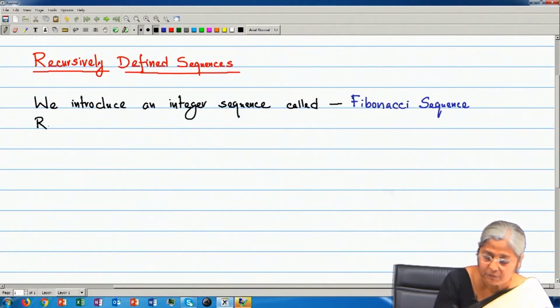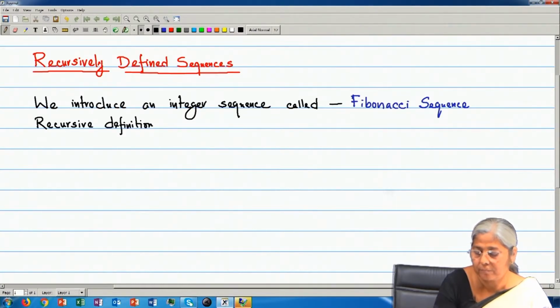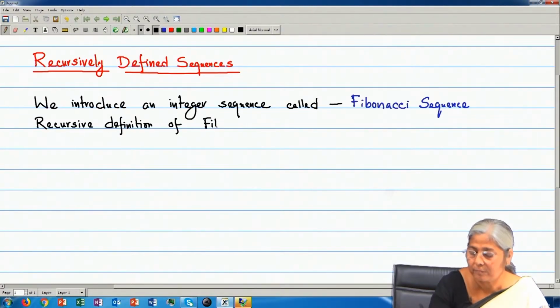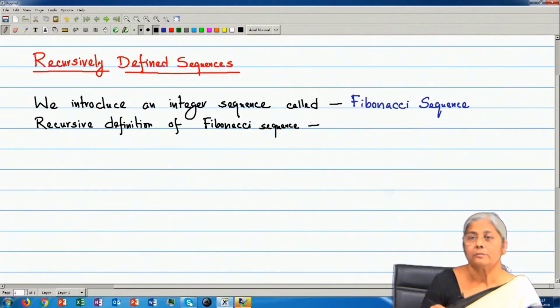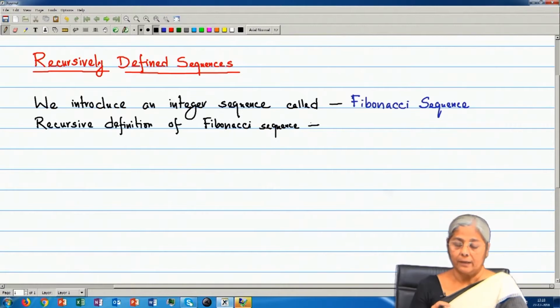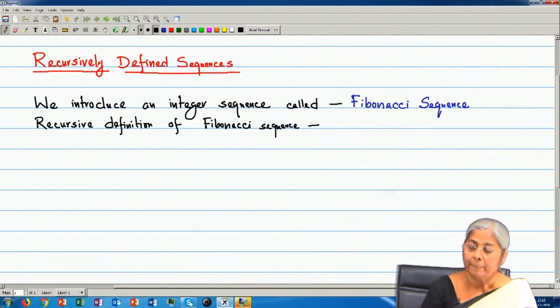So, as we discussed last day, recursively defined sequences, functions and sets have some initial values and some rule, so that we get a particular term in the sequence from the previous term or previous set of terms.